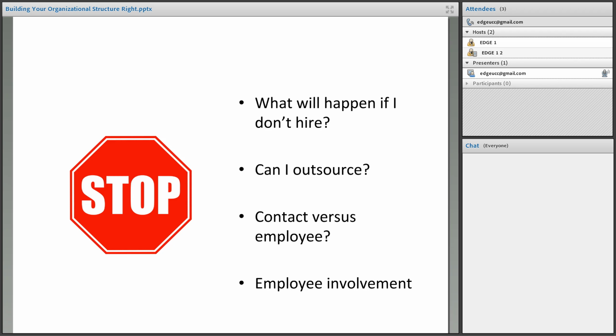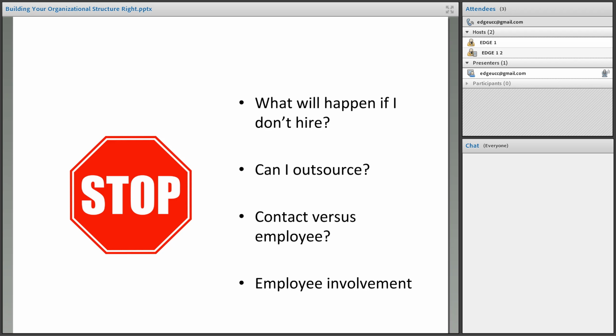Can I outsource? That's another thing you want to think about. A lot of organizations will outsource certain roles in their organization, or certain components related to the roles in their organization, while they are sorting out what their actual needs are. A lot of organizations will not immediately bring a salesperson on board.